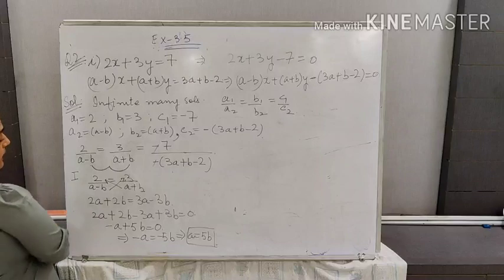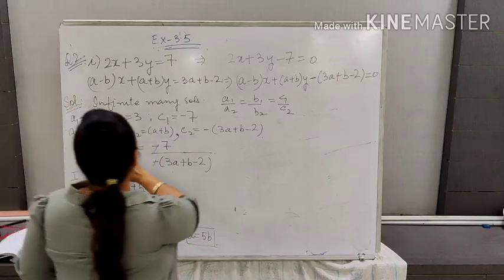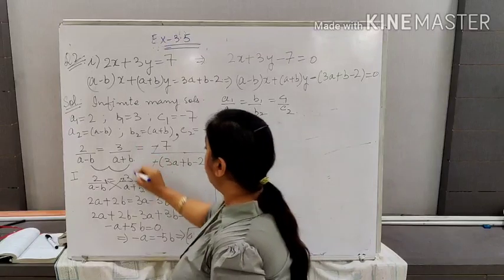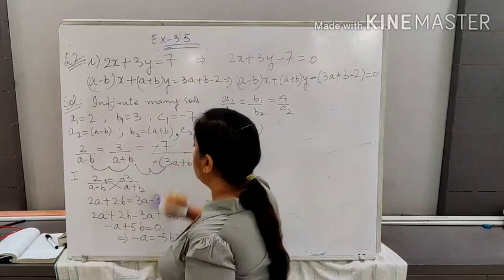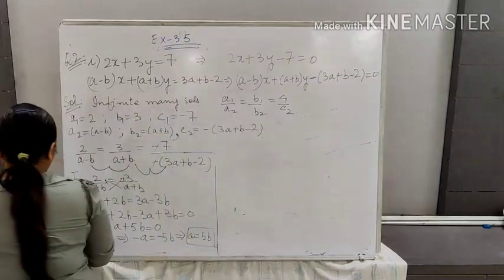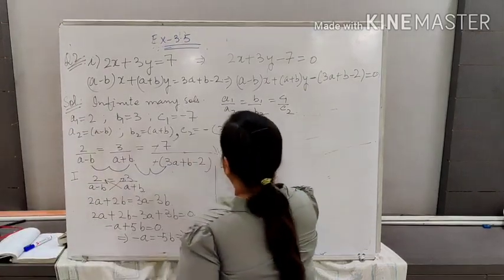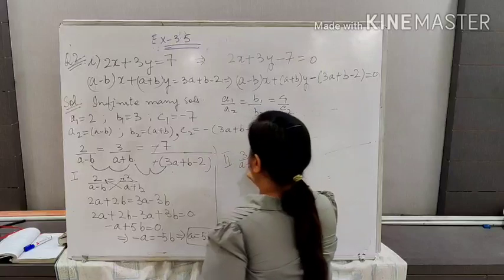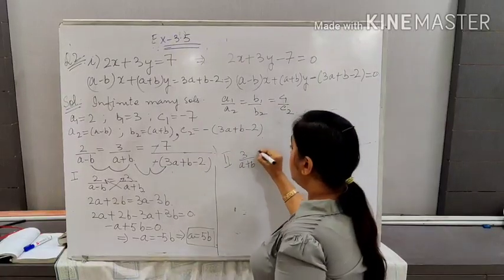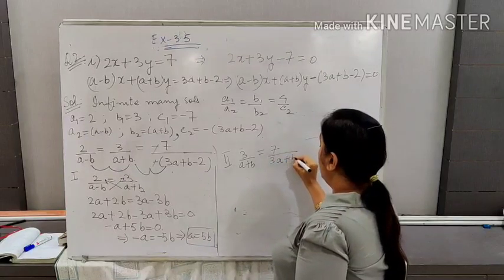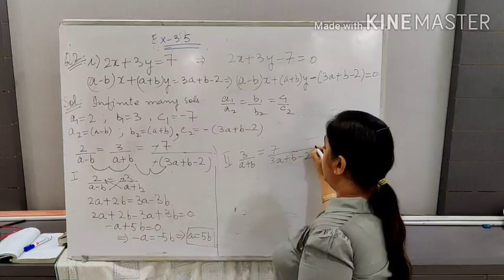This equation you have got from the first condition. Let us take the second condition. What is the second condition? 3 upon a plus b is equal to 7 upon 3a plus b minus 2.